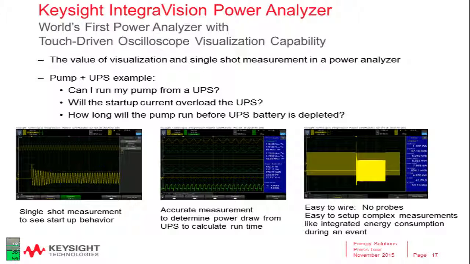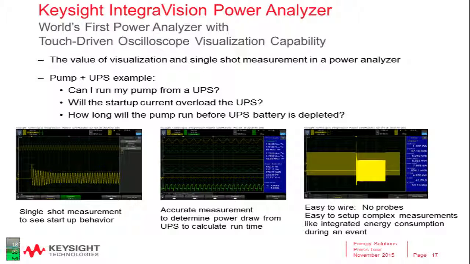The next picture here answers the question, will it run off of a UPS? So we could make very accurate power measurements here of how much power is being consumed by the pump. And I can tell from these measurements that the size of the UPS is suitable to run the pump.